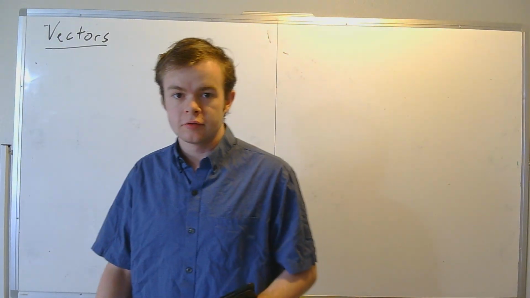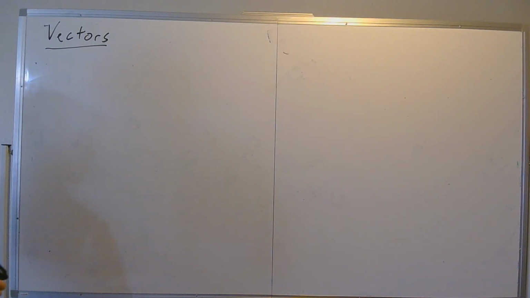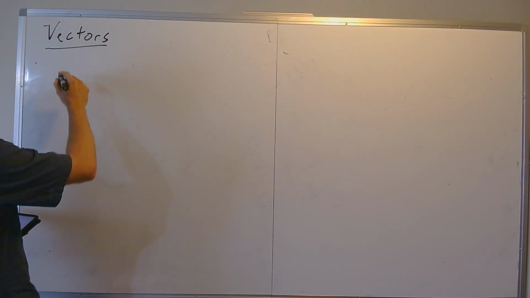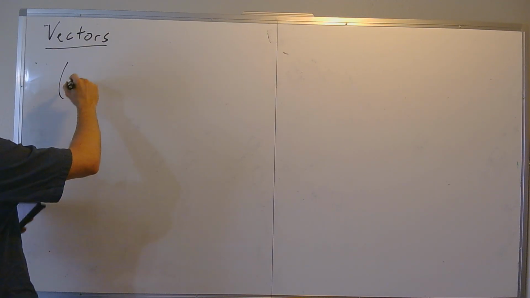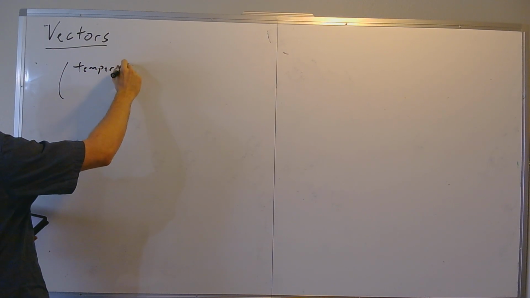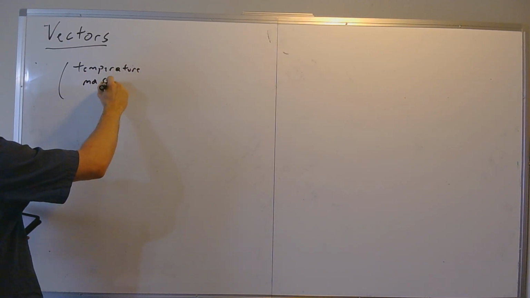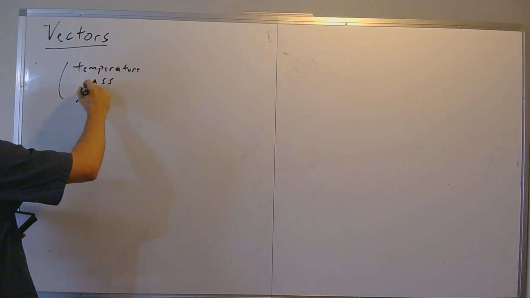Alright, hello everybody. So today we're going to be talking about vectors. And the motivation is that we have two different types of measurements. Our first type of measurement is something like temperature or mass or length.